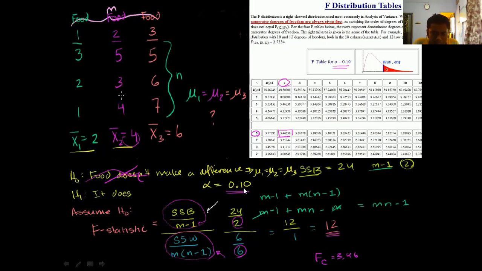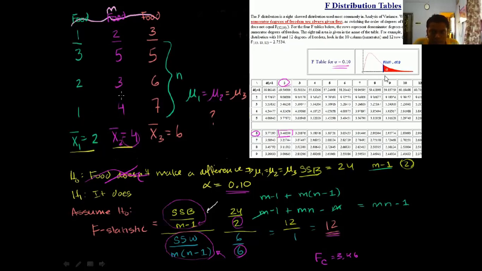And here the degrees of freedom is 2, 6. The degrees of freedom between is 2 and within is 6. So first we talk about between, that is 2, and then within, that is 6. Where they intersect, this value is 3.46. This is the cutoff value.